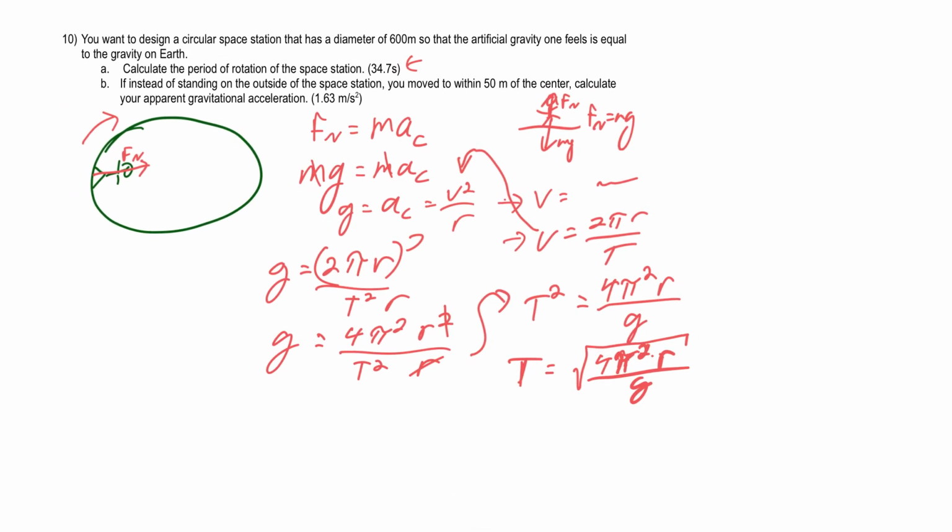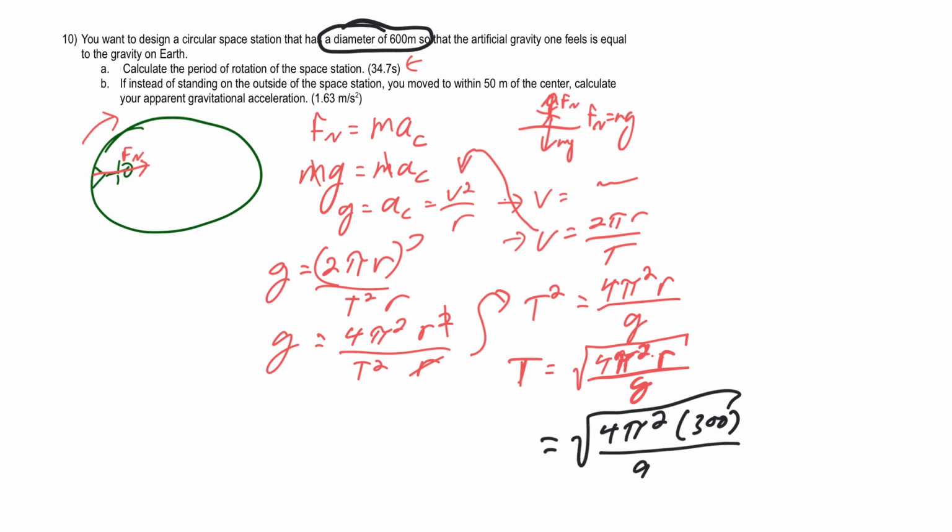And now we can go ahead and plug in numbers, right? So we have 4 pi squared times the radius. Now be careful. This says the diameter is 600, so that means the radius is actually only 300. And then we'll divide it by little g.